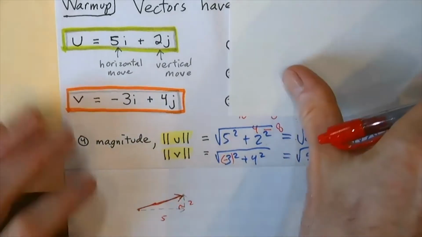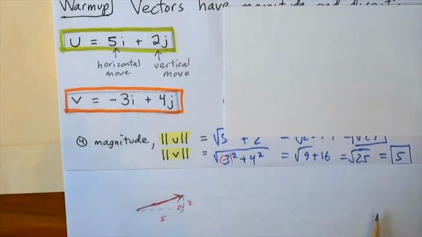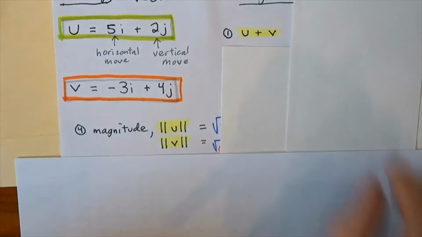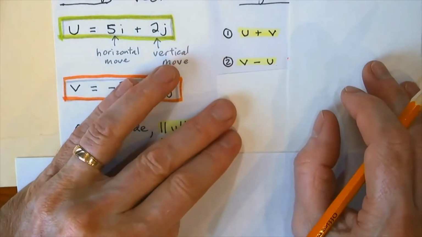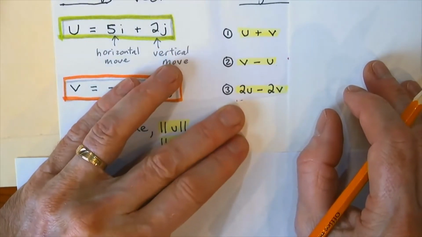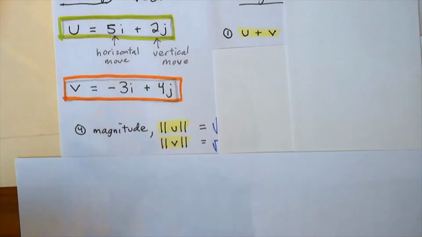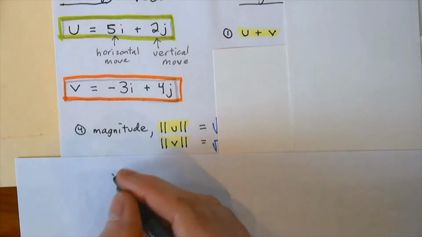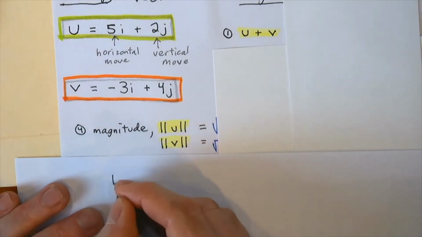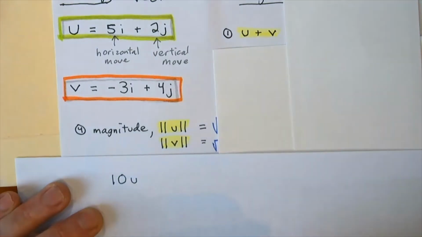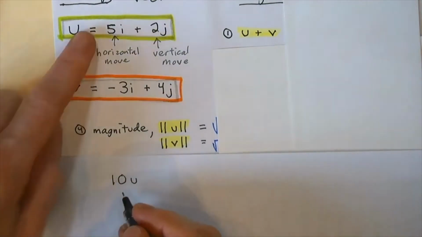Okay, here's something else you can do. They might ask you to add the vectors or subtract the vectors or even do something fancy. Before we even add them, sometimes they'll say, what is 10u? That means, what's 10 of these together?